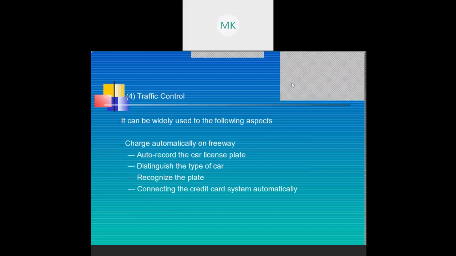Next is traffic control. Traffic control can be widely used in the following aspects: automatically recording the car license plate, distinguishing the type of the car in order to recognize the plate, and connecting to the credit card system automatically. So this is the main application of digital image processing in traffic control.